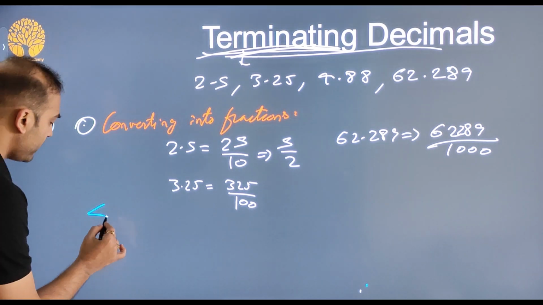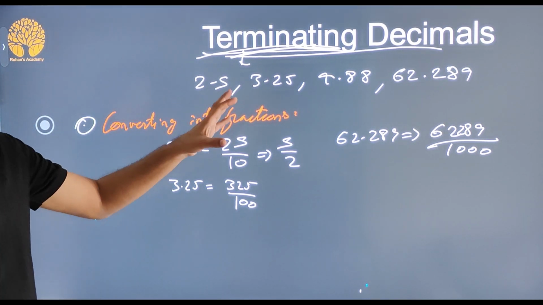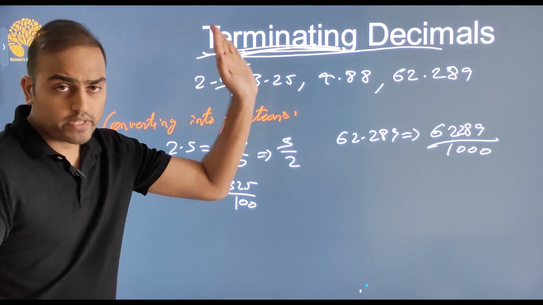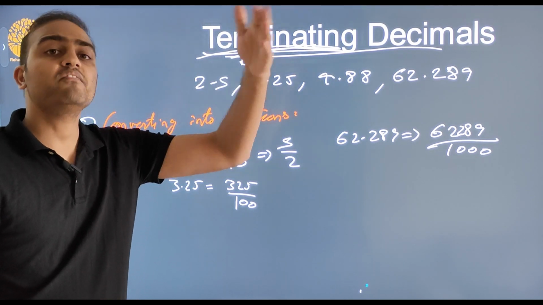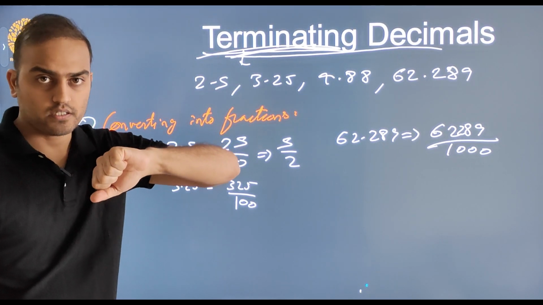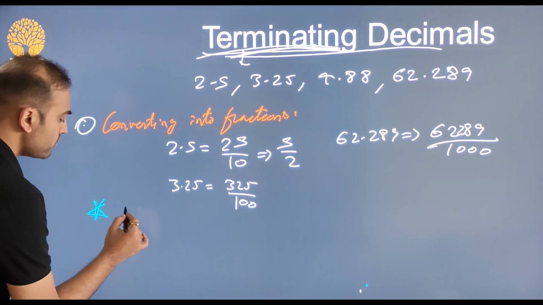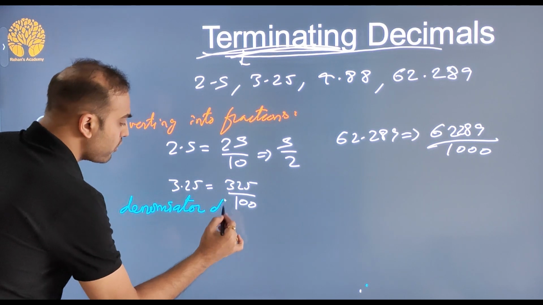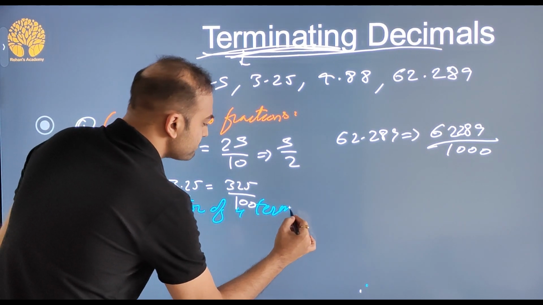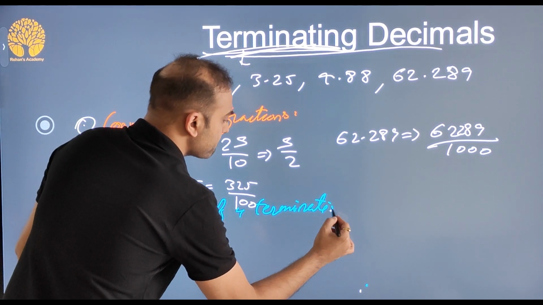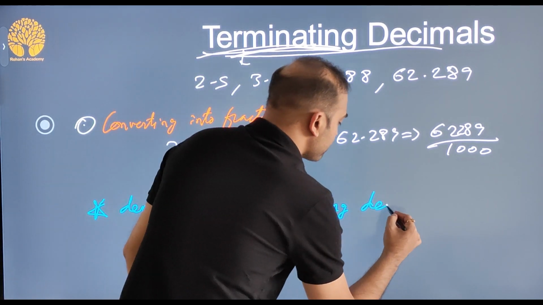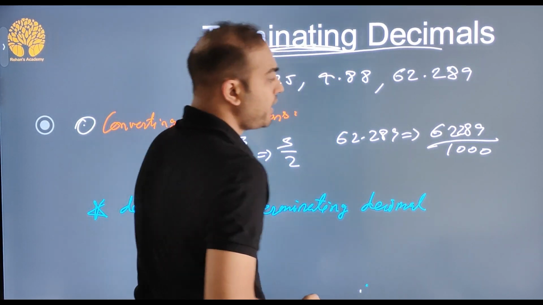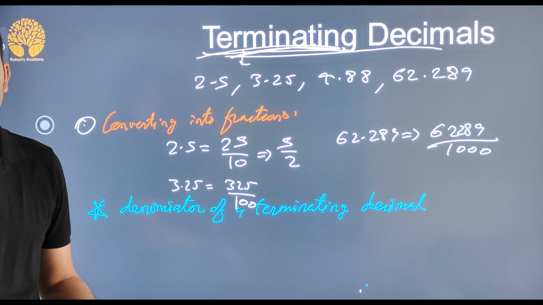Okay, if you understand this, then a very important takeaway comes from this. If you think about it, what are we doing? We are counting how many decimals are there, dividing by that many tenths, right? Which basically tells you that the denominator of a terminating decimal should be made up of tenths.